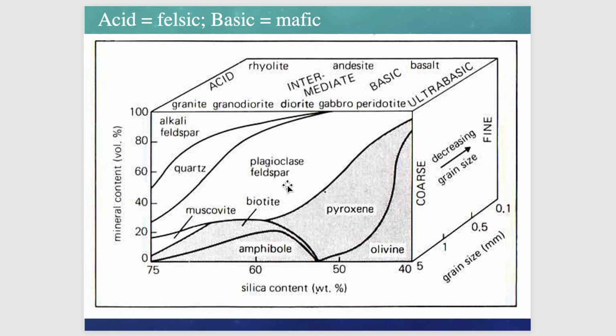So there is essentially an anti-relationship between the alkali feldspar and quartz, which tend to decrease progressively towards intermediate and basic rocks, and the plagioclase feldspar, which tends to increase in those intermediate, basic, and ultrabasic assemblages. Okay, so these are good indications.